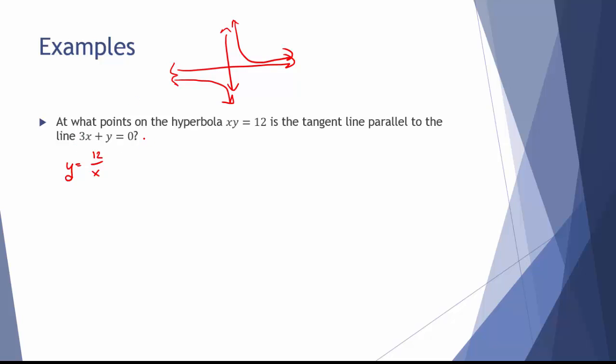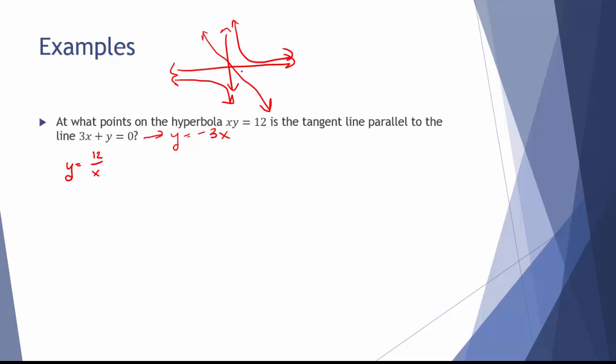Well, it's a line. Let me solve it for y. This is the line y equals negative 3x. So that line has a y-intercept of 0 and a slope of negative 3. This is going to be a really rough sketch because I don't have any scale on this, but generally this should look something along these lines. Pretend that's a line. Okay.